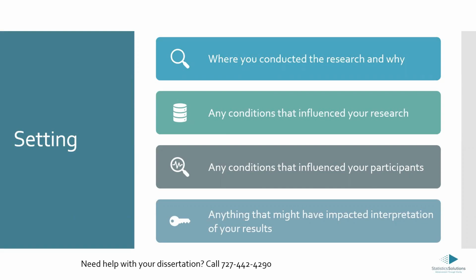Okay, and the reason for this is in your methods chapter, you are proposing a study. So you haven't conducted the study yet. Once you get to the results chapter, you're done. You're done with the study, right? Well, not totally, but you're done collecting data. Okay, so the proposal is behind you. It is no longer proposed. So the setting section is sort of the what actually happened.